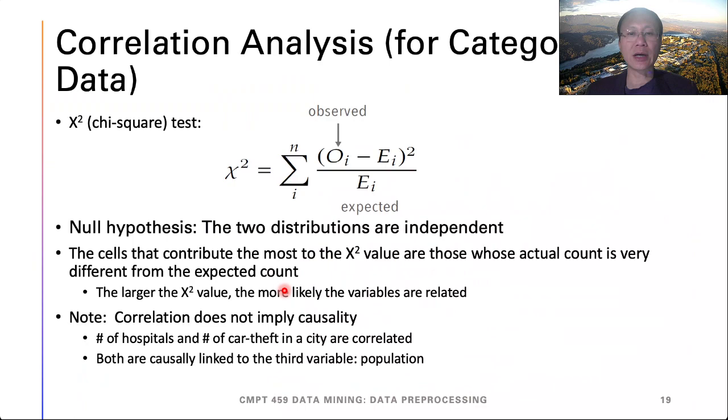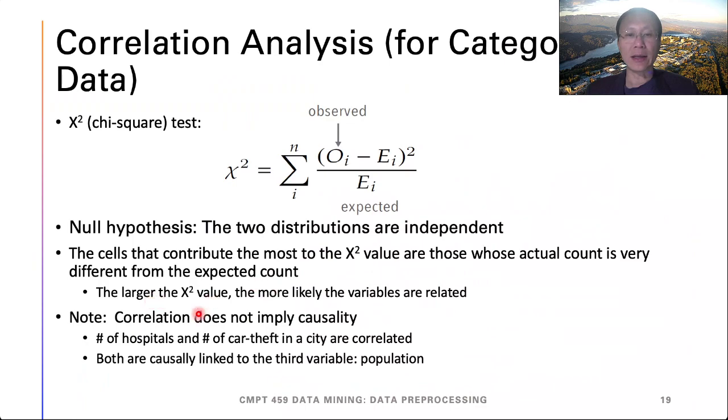The larger the chi-square value, the more likely the variables are related, because the expectation is calculated using the independence assumption. So if the observed frequency is much different from the expectation, it means the two attributes are indeed not independent. They are more correlated.